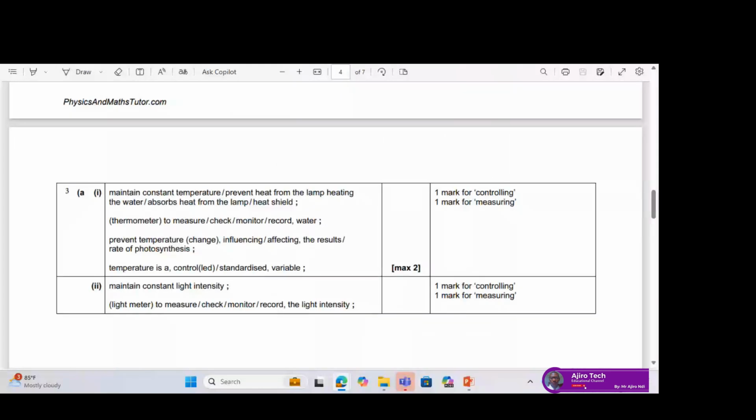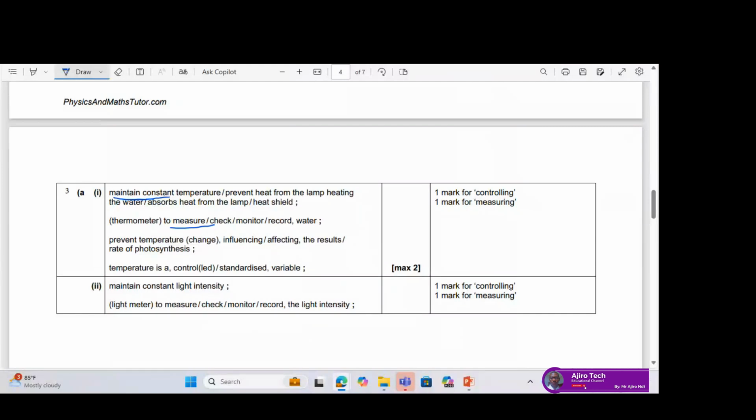The beaker of water is to regulate and maintain the temperature, and the thermometer is to measure the temperature of the water.